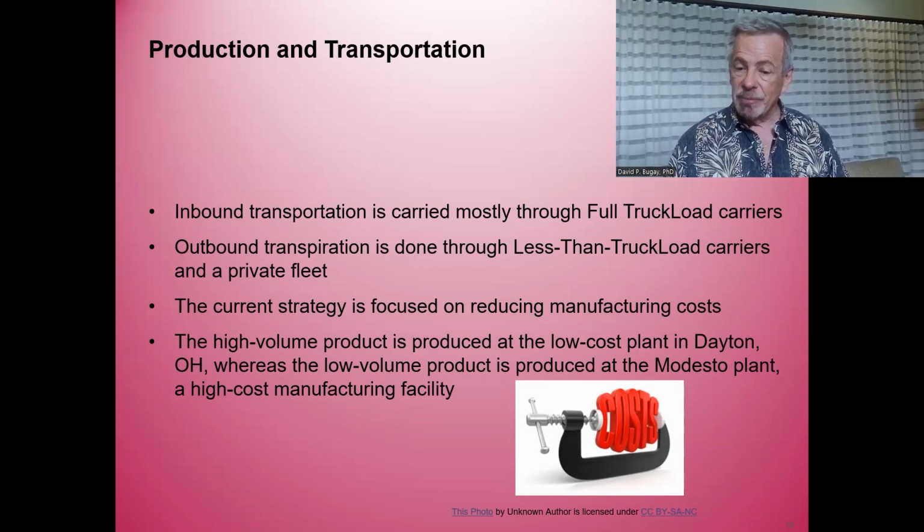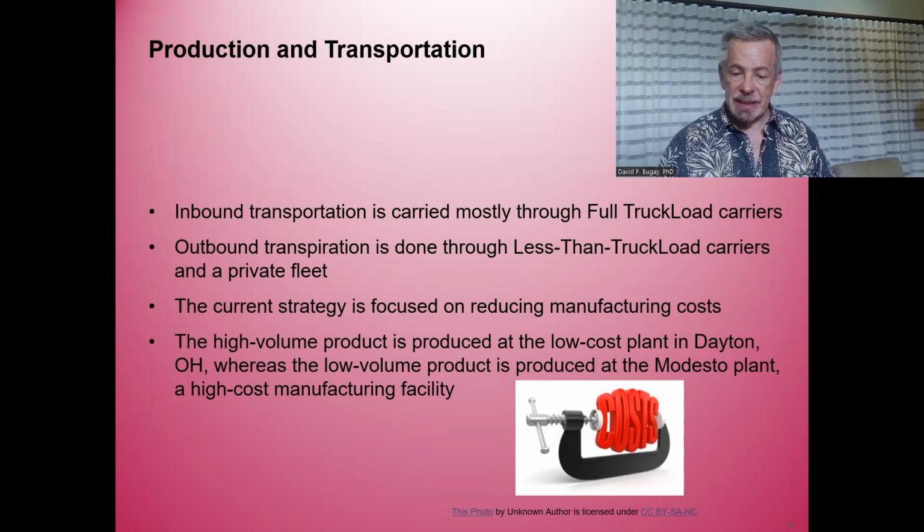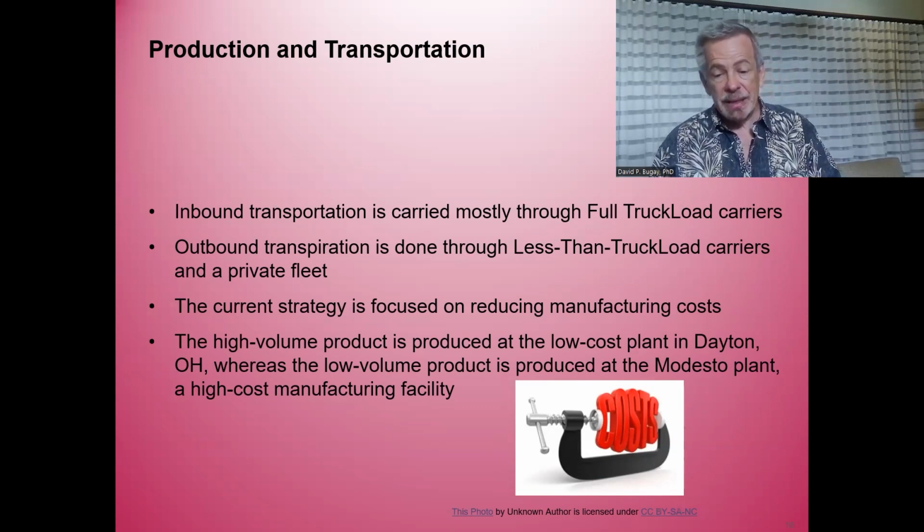The current strategy is focused on reducing manufacturing costs, and in the process, you might have to deal with less than truckload carriers or maybe even smaller trucks, because maybe things are more regional, depending upon your circumstances. But the whole thing is to squeeze down the overall cost. So a higher volume product is produced at the low cost plant in Dayton.